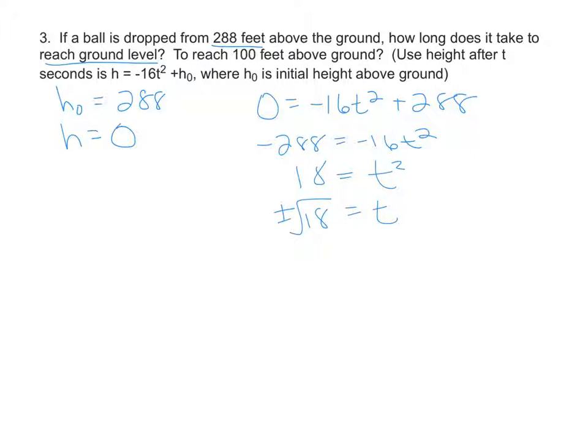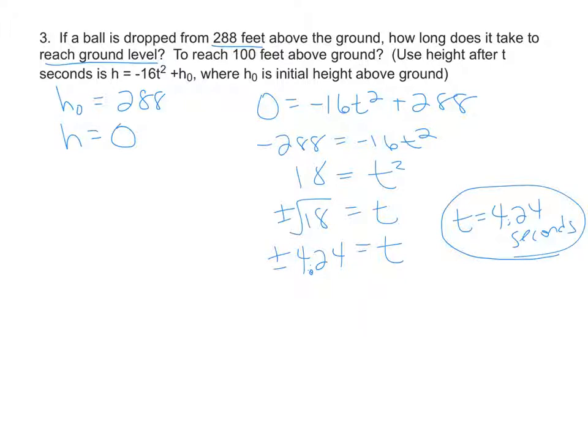Okay. Once again, this is an application problem, so I'm just going to put this into my calculator, and I get t equals plus or minus 4.24. T represents time in seconds, and so if I look at this answer, my only possible answer would be 4.24 seconds, not the negative.